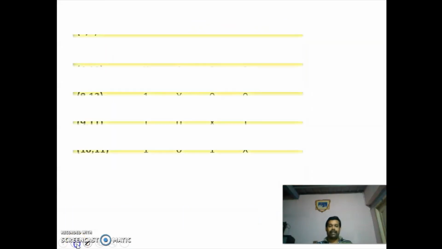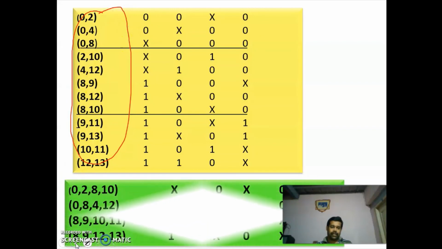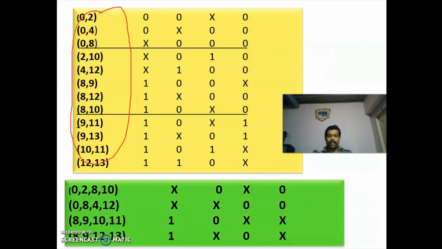So after that, we have to list the prime implicants. So this is the prime implicant what you have got in step 3, and these are the prime implicants what you get in step 4. Now in some cases you will be getting the same prime implicant.